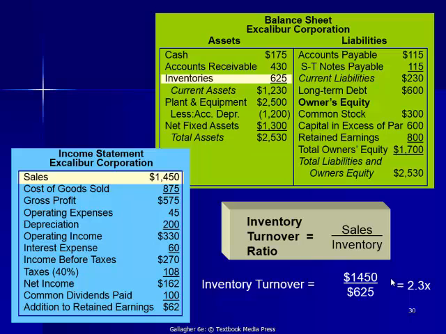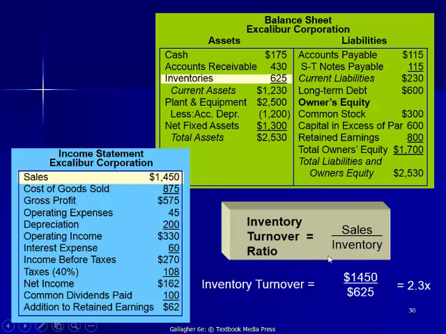If you had a company which was very reliant on its inventory, such as a grocery store, you would expect that number to be very much higher than 2.3 times, because what we're measuring here is how smart we are in the selection of our inventory. Are we generating the kind of inventory that people want to buy?